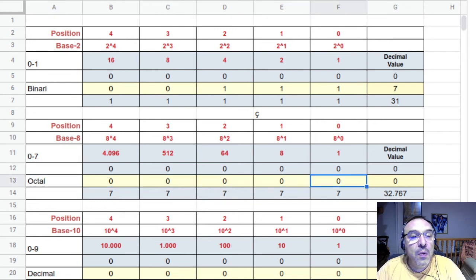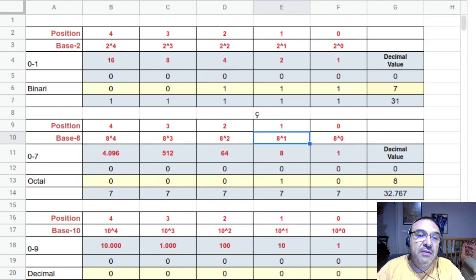So you will have in the units 0, 1, 2, till the 7, and then the next number, the number 8, couldn't be represented by just one digit. You need 2 digits. You need to put a 0 in the units and then a 1 in the second position, because in that second position the value of that digit is 8, because the base is 8 and is raised to the first exponent.